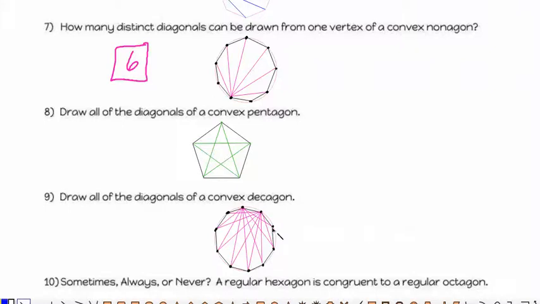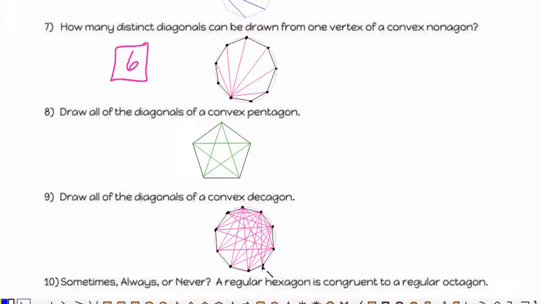There's already 1 coming out of there. So I need to add 6 more. 2, 3, 4, 5, 6, 7. Remember, you should have 7 coming out of every one. Going to the next point, I already have 2. I have to add 5 more. 1, 2, 3, 4, 5.